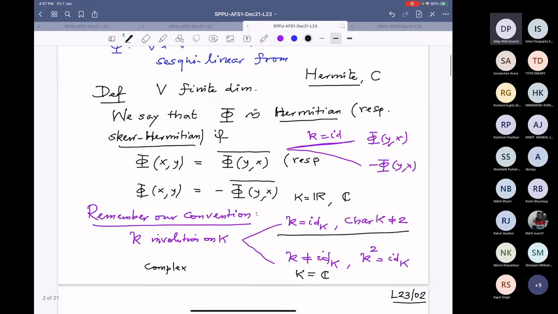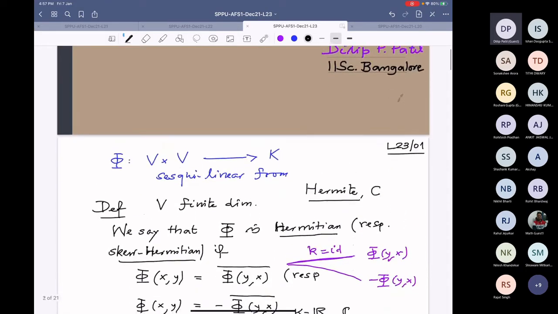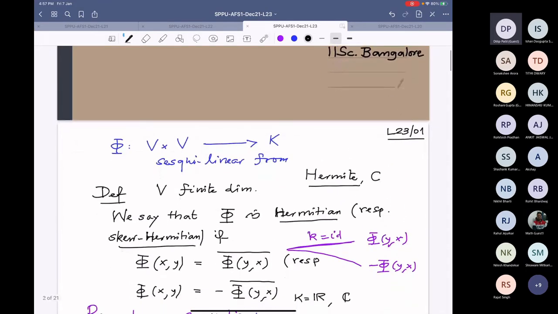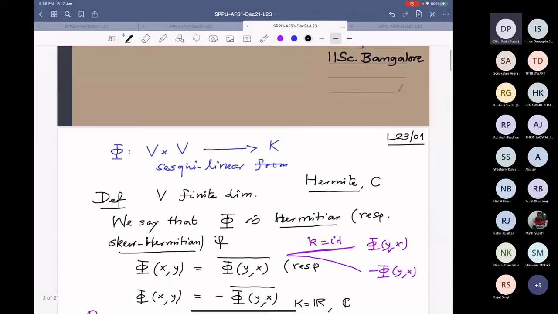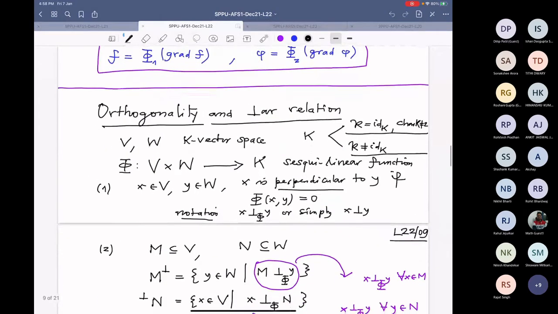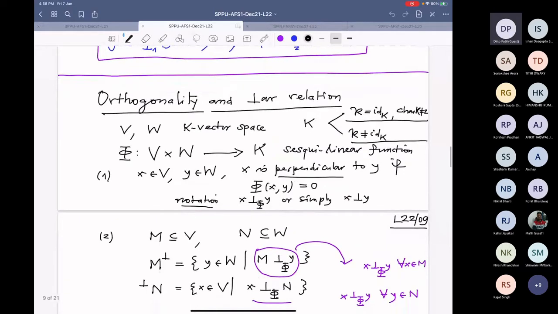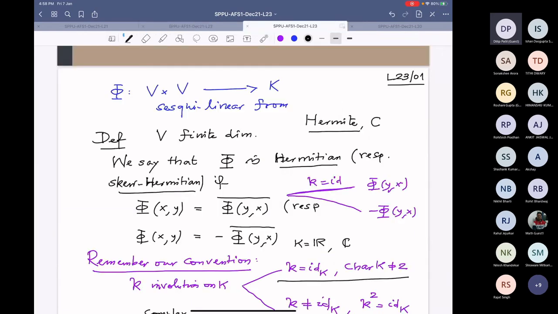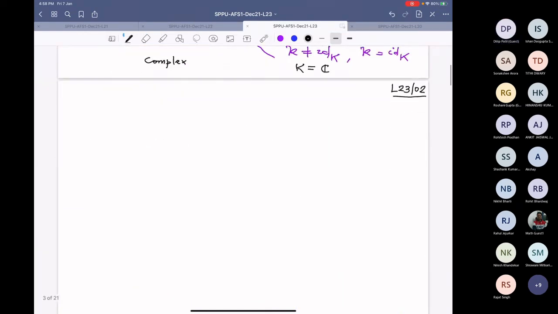So now this definition: if you take your sesquilinear form to be Hermitian or skew Hermitian, then obviously this perpendicularity relation is symmetric because of this definition. All right, now what do we want to do with this? First, I should give you some examples.